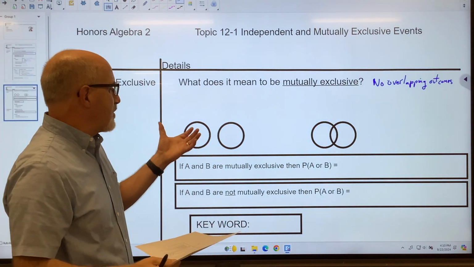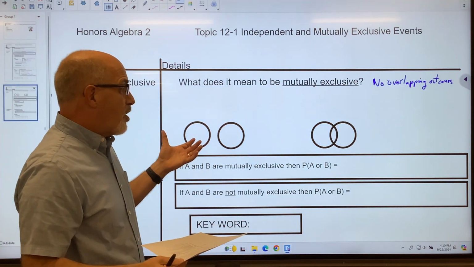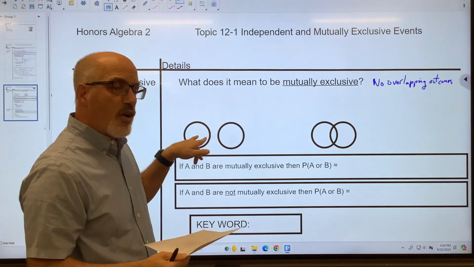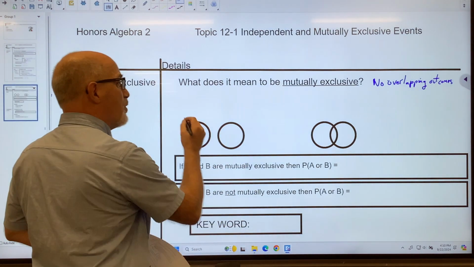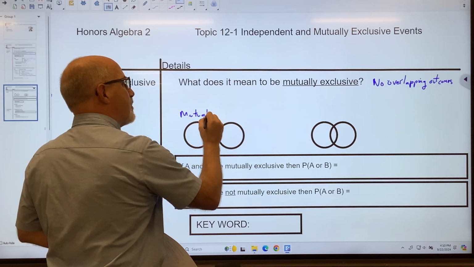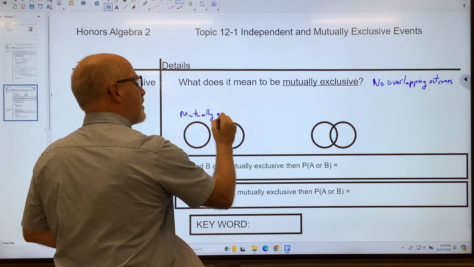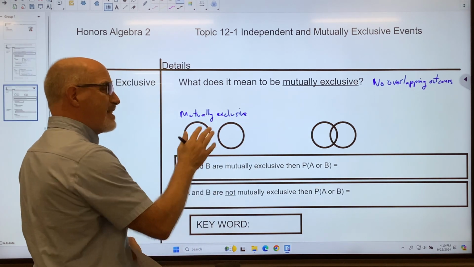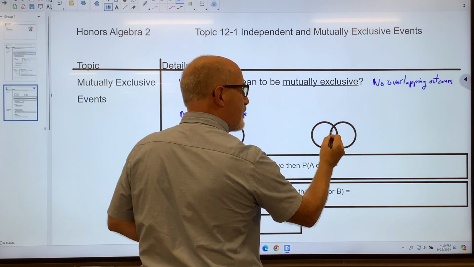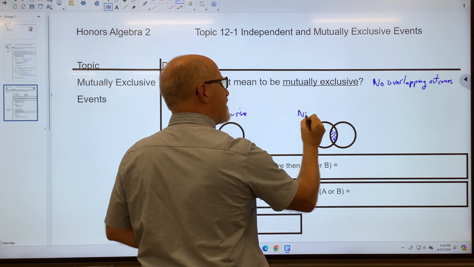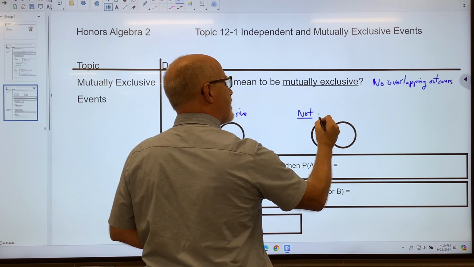If I'm talking about something that I'm going to call success being these 2 things, notice that these do not overlap at all, so these are mutually exclusive. Whereas these 2 do have an overlap. This area in the middle here is the overlap, so these are not mutually exclusive.